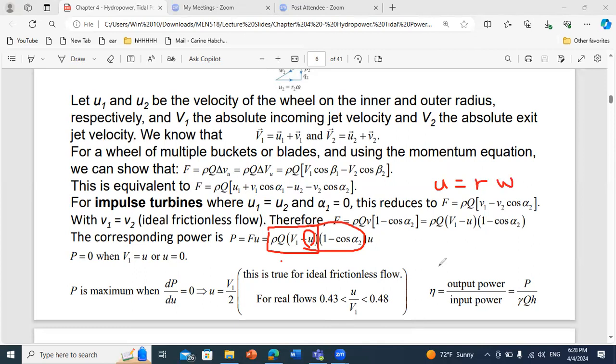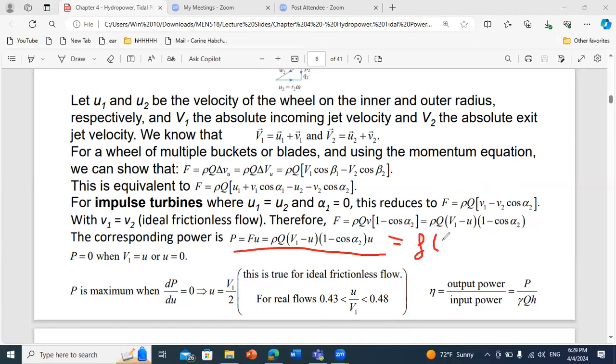Okay, so actually, now once we have the expression of the power, what is important for us, more than optimizing the force, is to optimize the power. We need to maximize the power as much as possible. So if I want to maximize the power extracted, I just need to solve for which value of U can give me a maximum power. So the power is a function of small u.